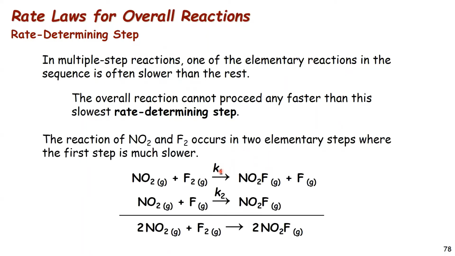So for example, this reaction of the nitrogen dioxide with fluorine to produce 2 nitrosyl fluoride actually has 2 elementary steps. This is a proposed mechanism. First, the nitrogen dioxide reacts with a fluorine molecule to form 1 nitrosyl fluoride and leaves behind a very reactive atomic fluorine atom.